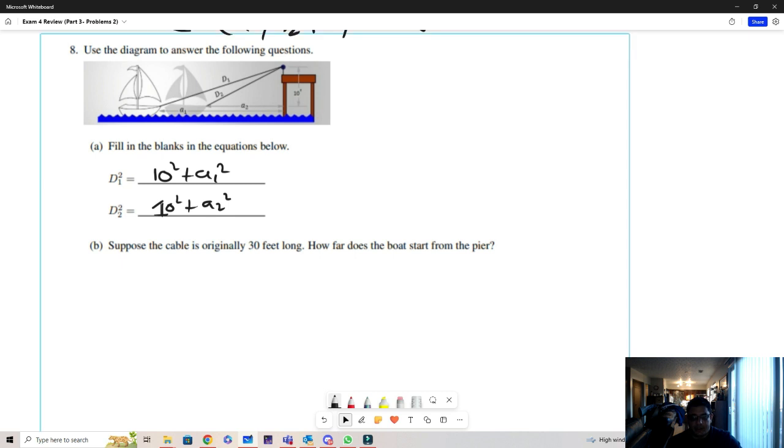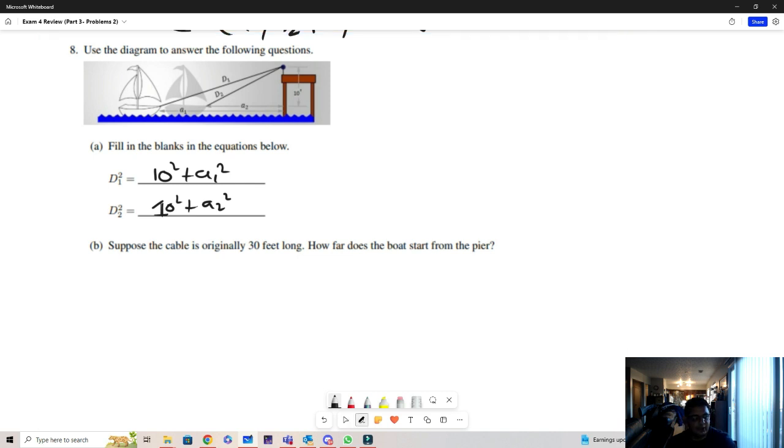All right, now we're going to suppose that the cable is originally 30 feet long. With that, we want to know how far from the pier the boat is.